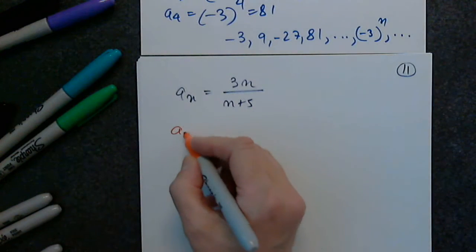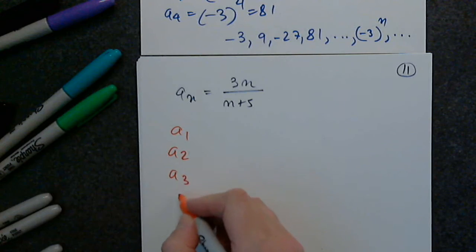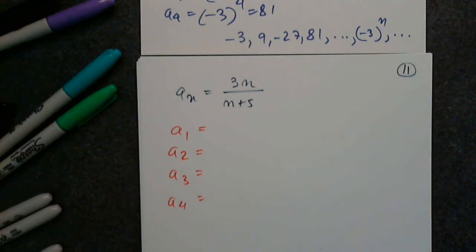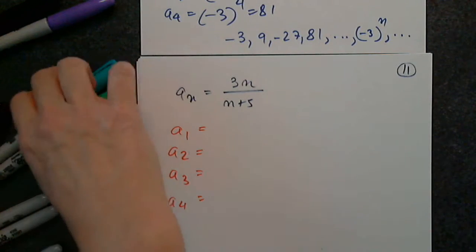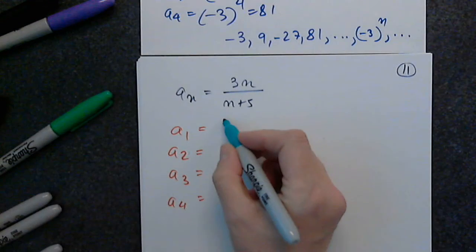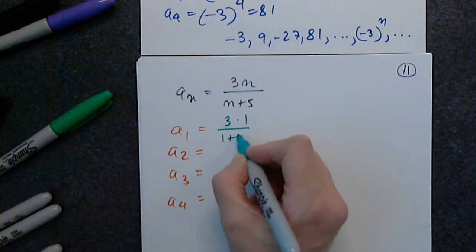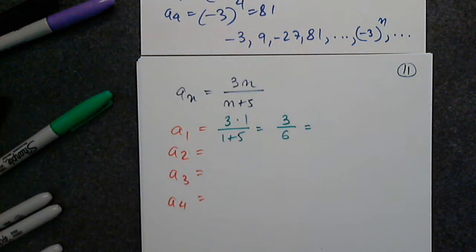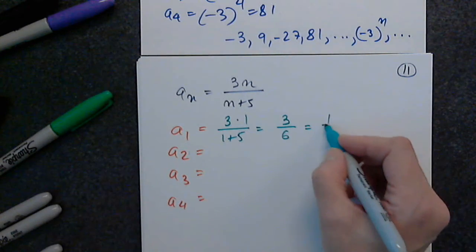They want us to find A1, A2, A3, and A4. Can anyone dictate A1? Don't calculate anything. We want everyone to see what it means. Yes, 3 times 1 over 1 plus 5. The top is 3, the denominator is 6. So this first term is 1 over 2.